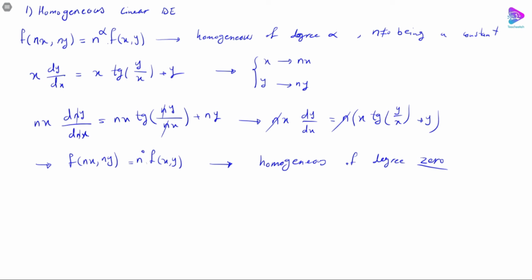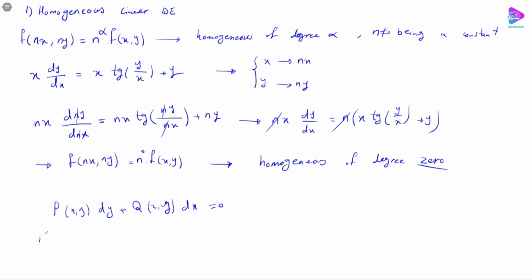So now what happens if it is homogeneous? So remember at the very beginning we talked about P(x, y) dy plus Q(x, y) dx equal to 0, and we could solve this by separating them.